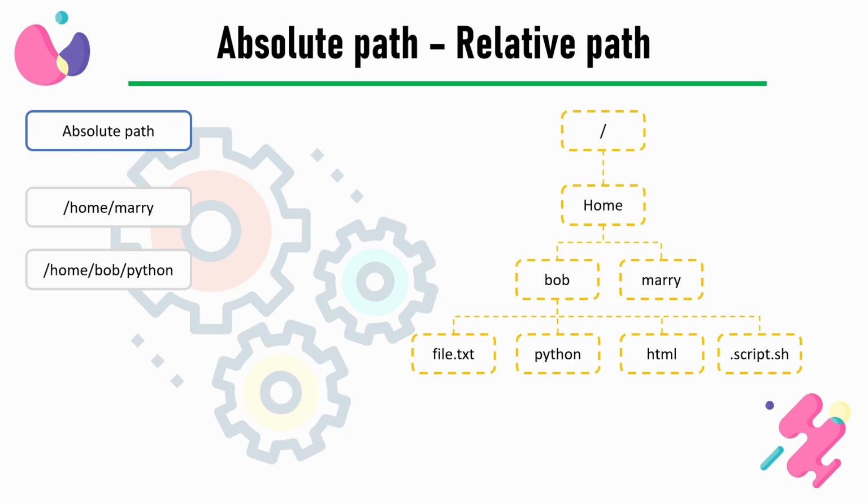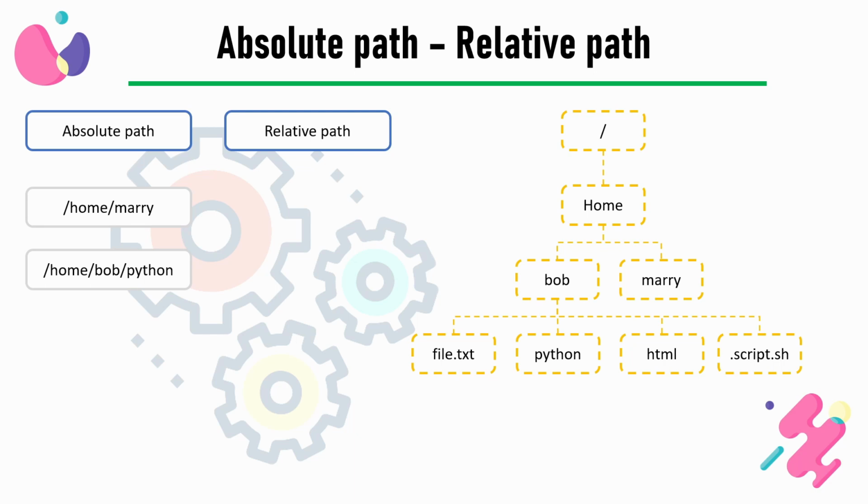Let us now move to the relative path. A relative path specifies the location of a file or a directory relative to the current working directory. It is a shortened and more convenient way to describe the location of a file or a directory within a directory tree.